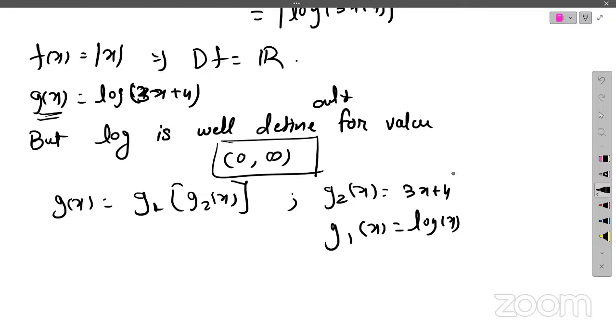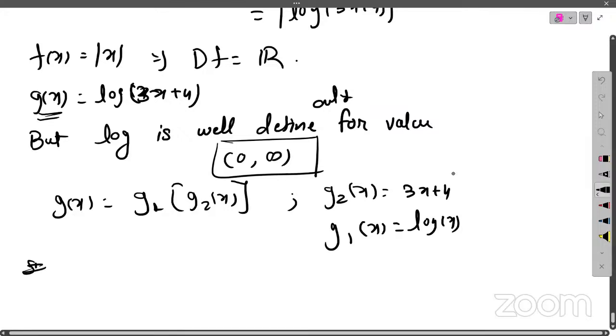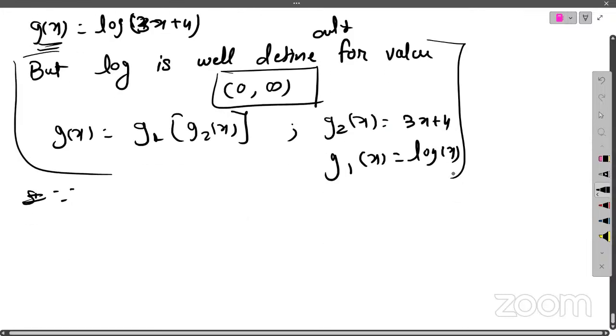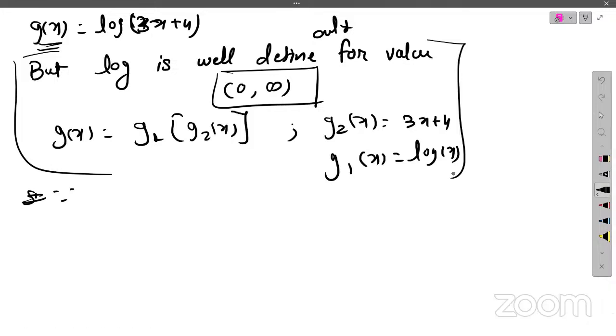We want to find all those values for which 3x plus 4 is part of 0 to infinity. You can also find the domain of g using the two composite functions, but let's not complicate it. Just go by the fact that log is well defined for all values strictly greater than 0.